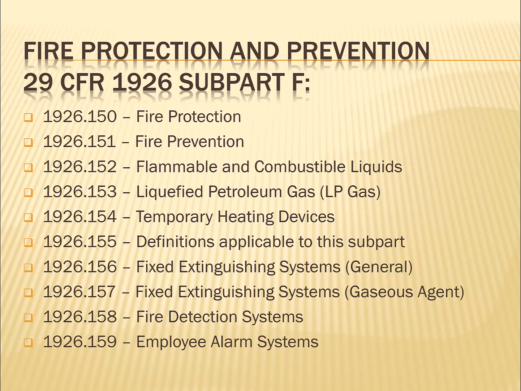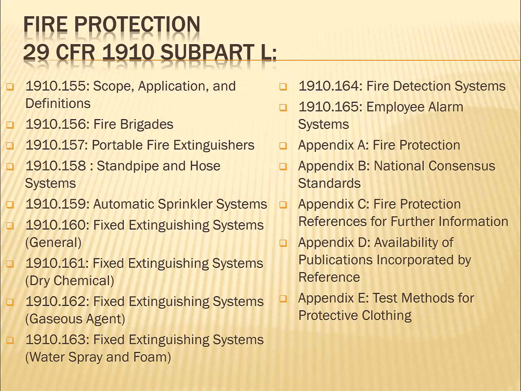Now let's go over to the general industry standard, 1910. And in there's actually more sections. Again, any work that's not specifically construction work, everything from flipping burgers at McDonald's to a dry cleaning outfit, anything that's not construction falls under the general industry standards.